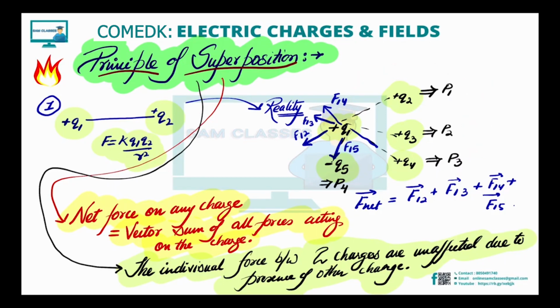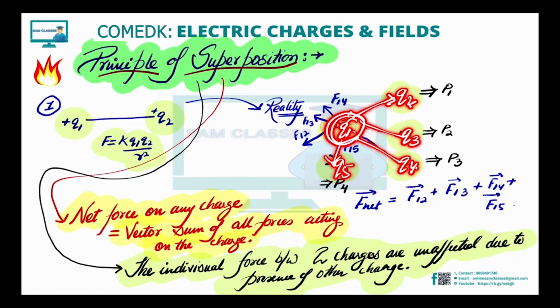In the same scenario with charges, the net force that you want to calculate on Q1 is equal to the force on the first charge Q1 due to Q2, the force on Q1 due to Q3, the force on Q1 due to Q4, and the force on Q1 due to Q5. It is nothing but the vector sum of all the forces on Q1 due to Q2, Q3, Q4, and Q5.